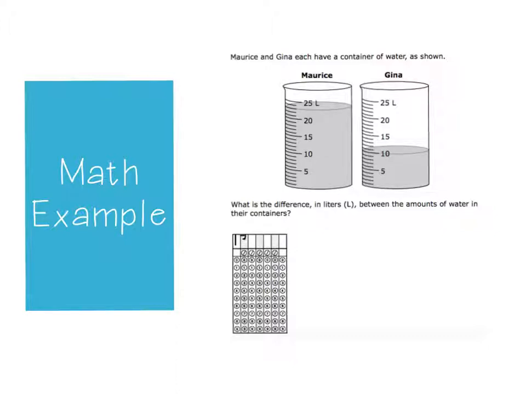I would put a 1 and a 3, and then I would bubble in 1 and 3. Kids could also put their answers all the way to the right. However, we recommend that they put them in the boxes all the way to the left because typically that's how we write anyways on paper, is we start from the left and we write to the right-hand side.